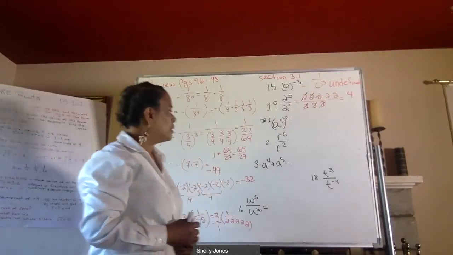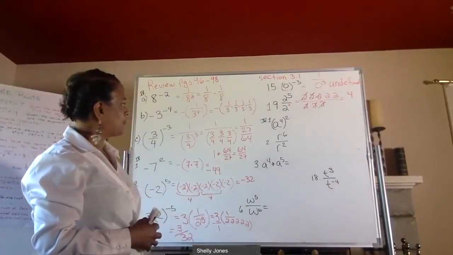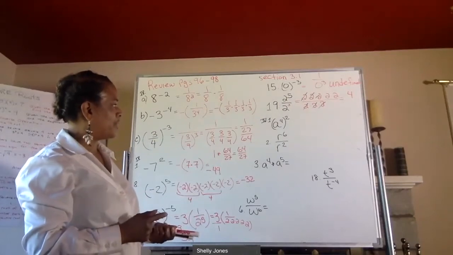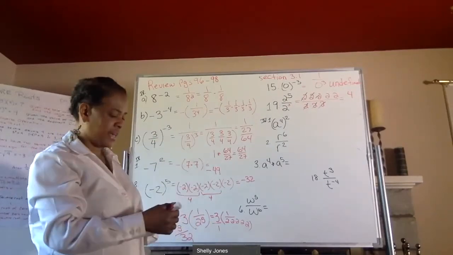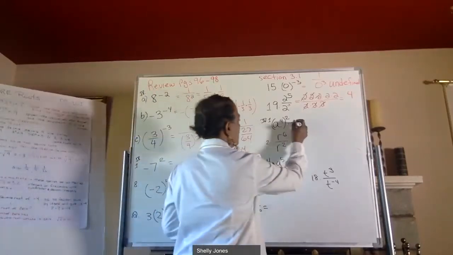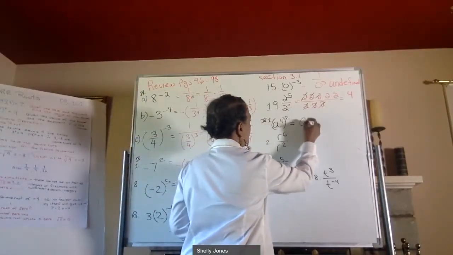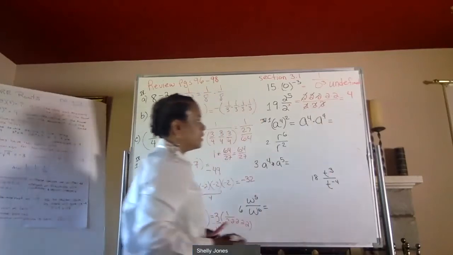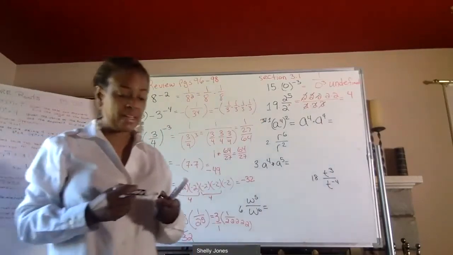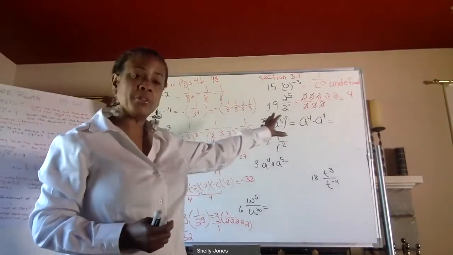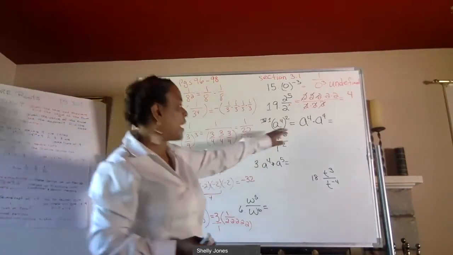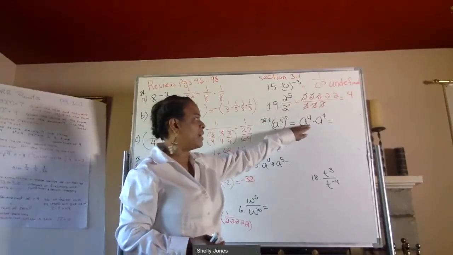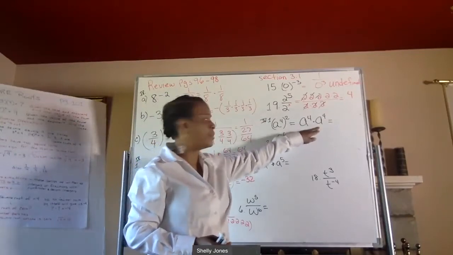Okay, let's see. Now I have a to the 4th, and then that's raised to the 2nd. If I were to expand that, I would have a to the fourth times a to the fourth. If I were to expand that even more, which I'm not going to do here just because I don't have room, a to the fourth means A, I have four of those.